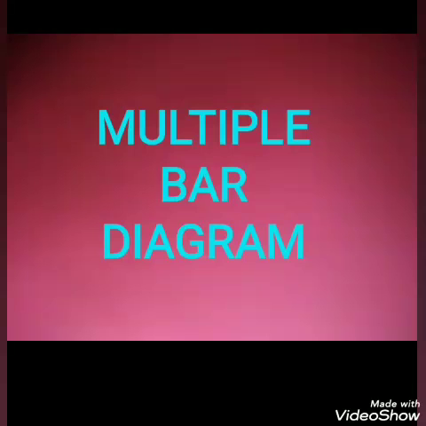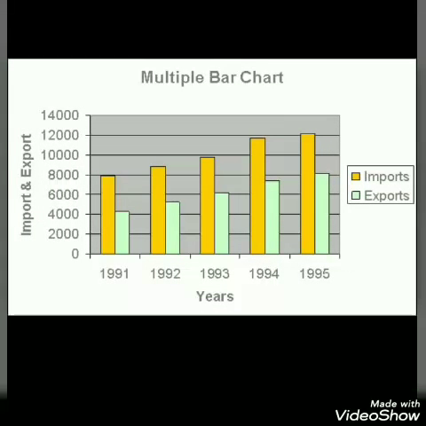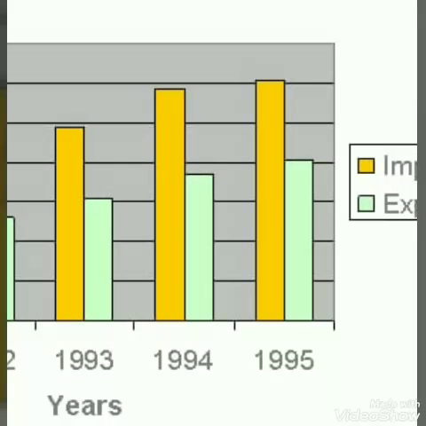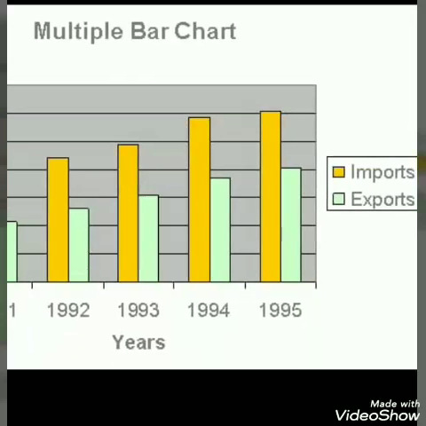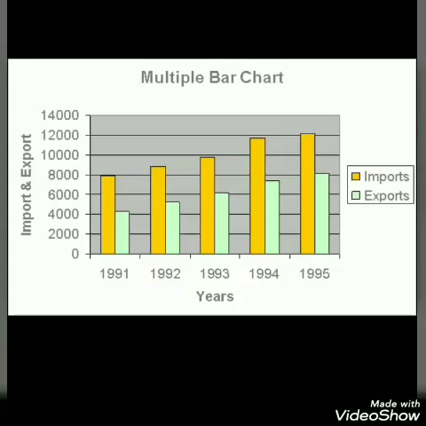Suppose income and expenditure, import and export in different years, and marks obtained in different subjects in different classes. These data have different values and quantities but the same category, so this type of data can be presented by a multiple bar diagram.